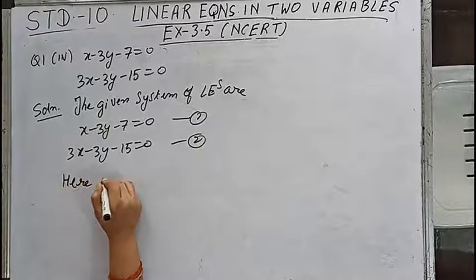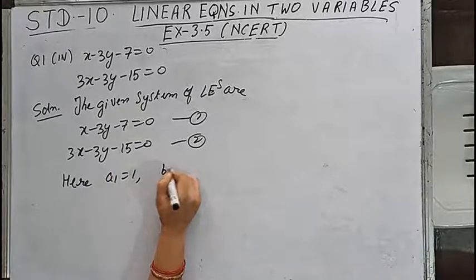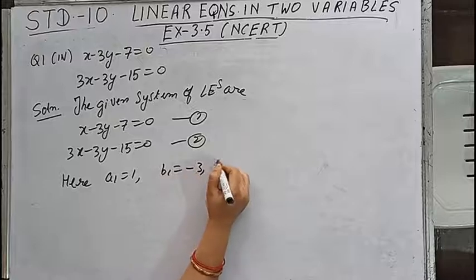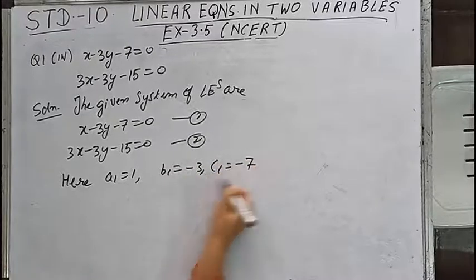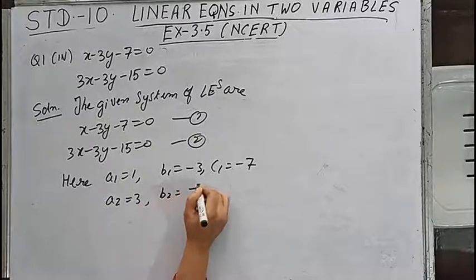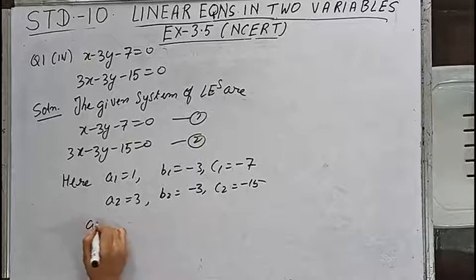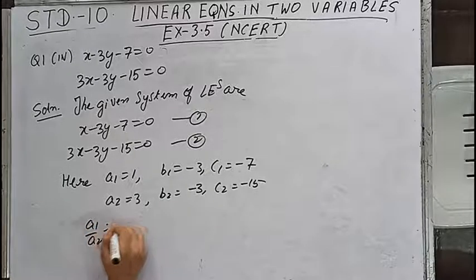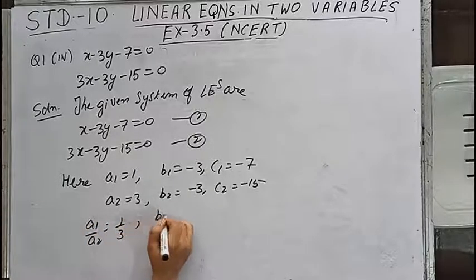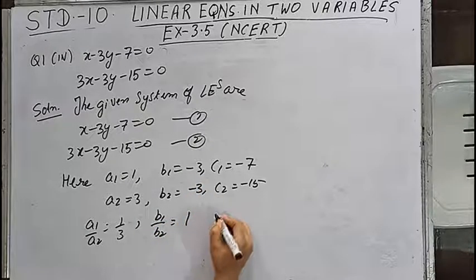Now here a1 equals to 1, b1 equals to minus 3 and c1 equals to minus 7. a2 equals to 3, b2 equals to minus 3 and c2 equals to minus 15. a1 by a2 equals to 1 by 3 and b1 by b2 equals to minus 3 by minus 3 will be 1.